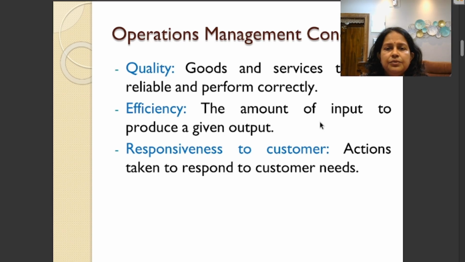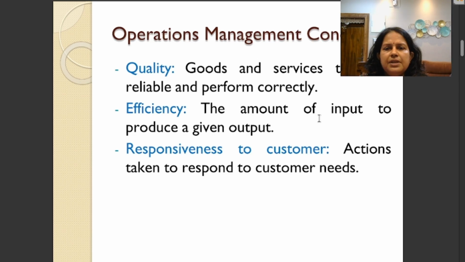Then we have to go for efficiency. Efficiency deals with your input and output. How much input we are taking and what is our production ability, or how much output we are producing. So that is the input output result of the efficiency. We always calculate efficiency in percentage.